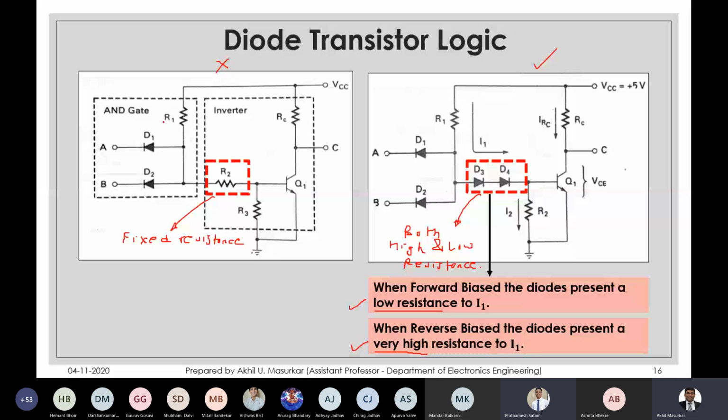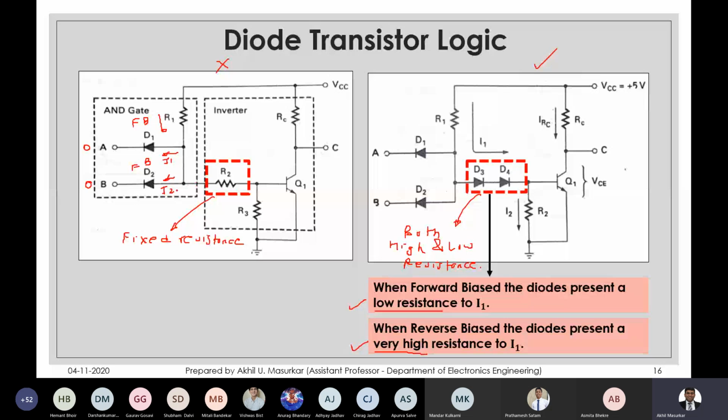Sir, could you please explain why we require to place the diodes in place of the resistance? Okay. So let's check this combination. Let's have 0 and 0 here. So this will be forward bias, this will also be forward bias. Now all the current that is flowing through R1 is trying to flow as I1 and I2.